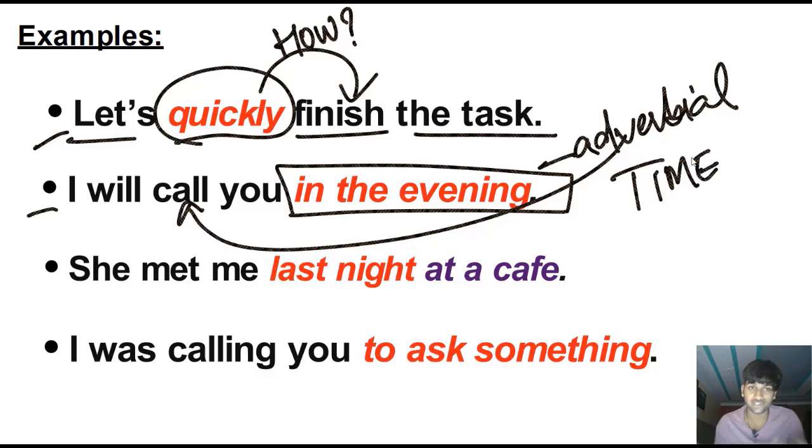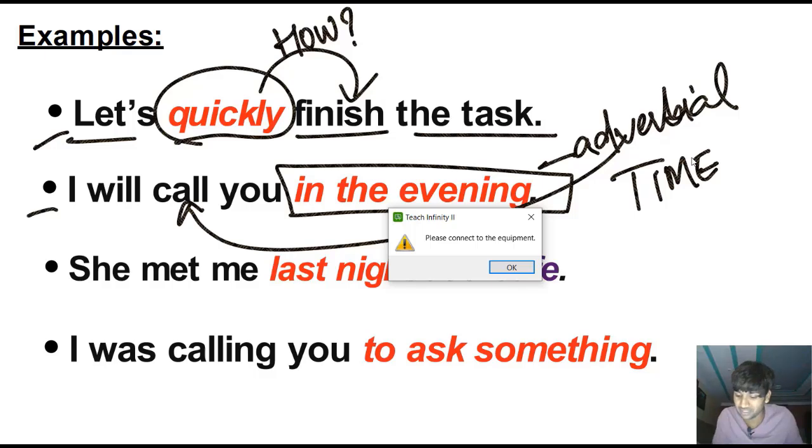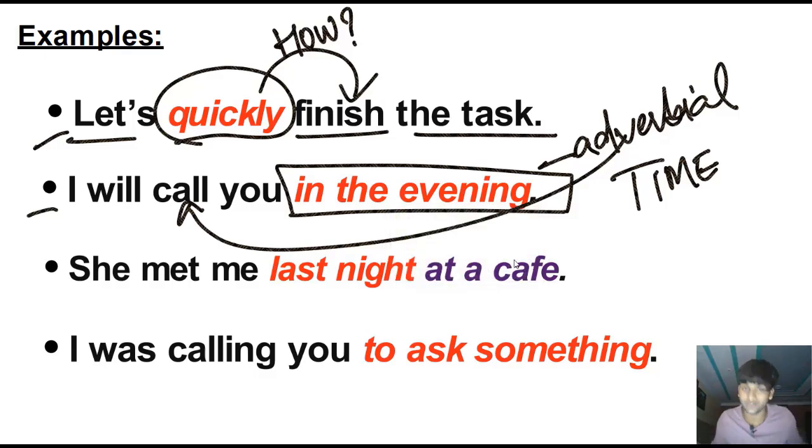When will this action take place? It will happen in the evening, right? So it's giving information about the verb call and working as an adverb. It is not an adverb by its appearance. When you look at it, it's a prepositional phrase, but it's working like an adverb. So it is an adverbial. All right.